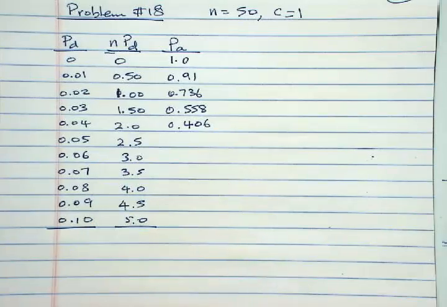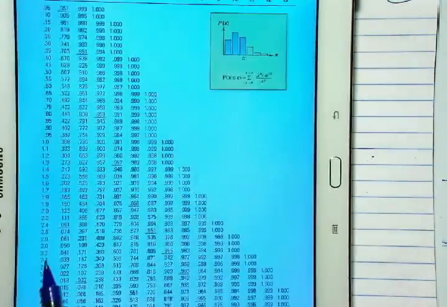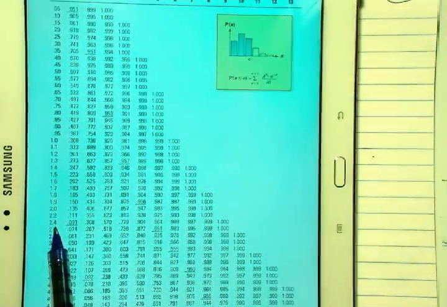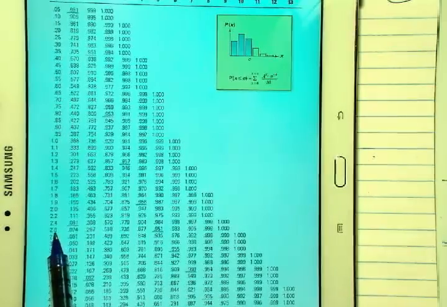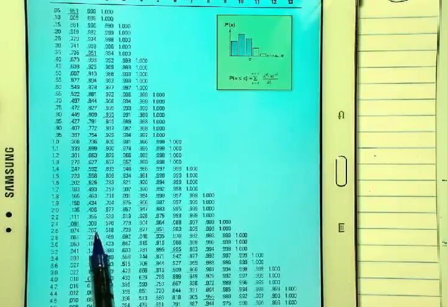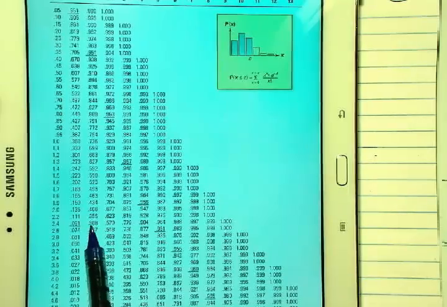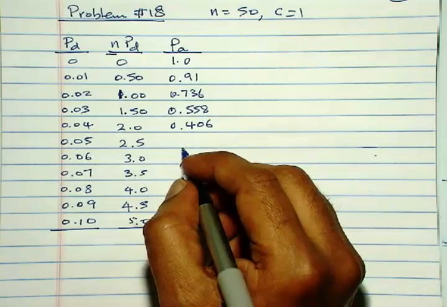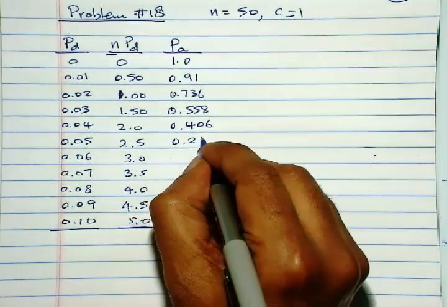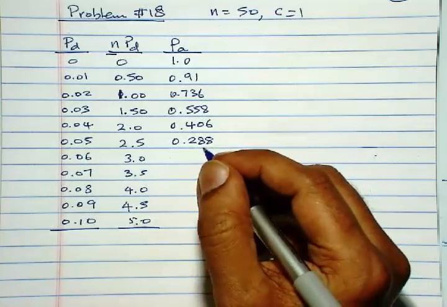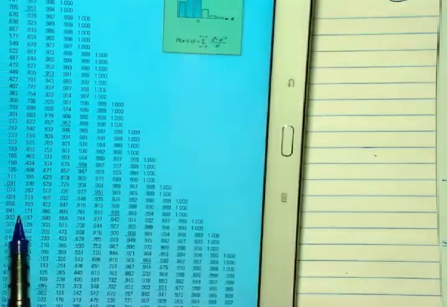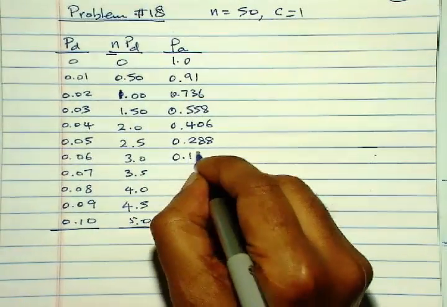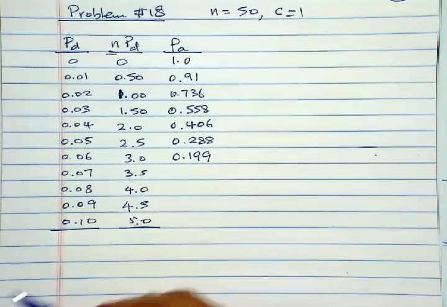Then let me show you 2.5 also. 2.5 is not there. You have 2.4 and then 2.6. And when that happens, you have to take an average of these two numbers. And I have 0.288 for that. Then 3 of course is not a problem, it is there, 0.199, and then we have 3.5.